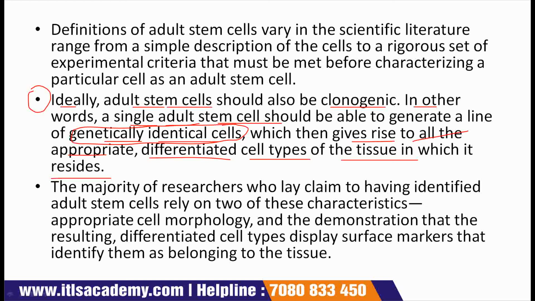An adult stem cell should also be able to give rise to fully differentiated cells that have mature phenotypes, are fully integrated into the tissue, and are capable of specialized functions that are appropriate for the tissue.